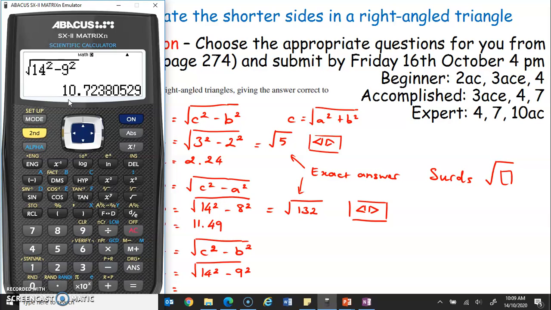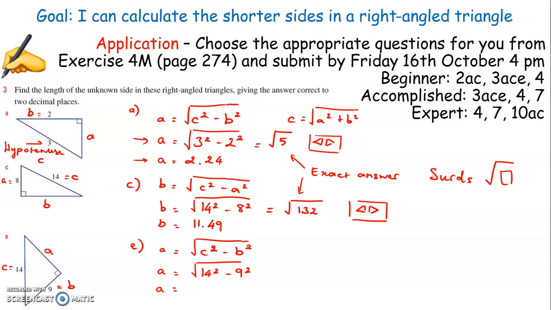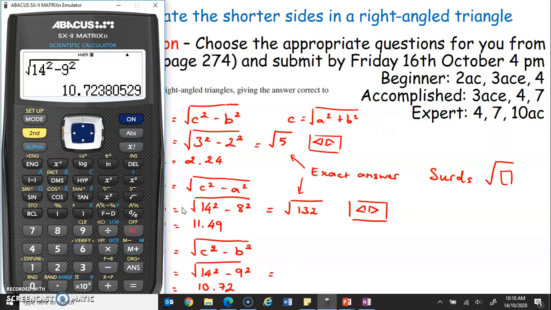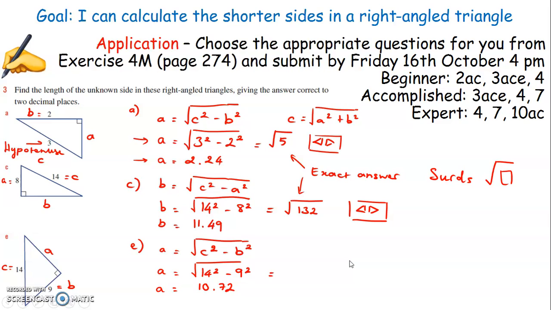And that gives us 10.72. After the 2, there's a 3, so that means that we don't have to round this up. So it's just going to be 10.72. And just in case your answer looks a bit different, 14 squared minus 9 squared is 115.